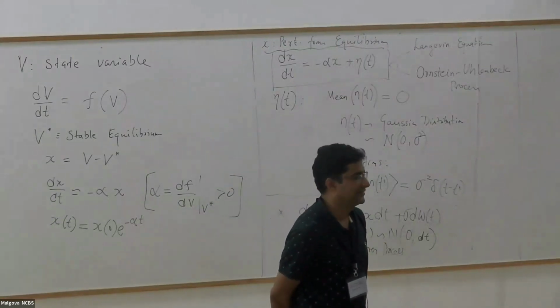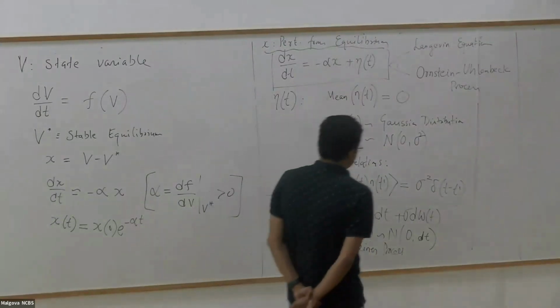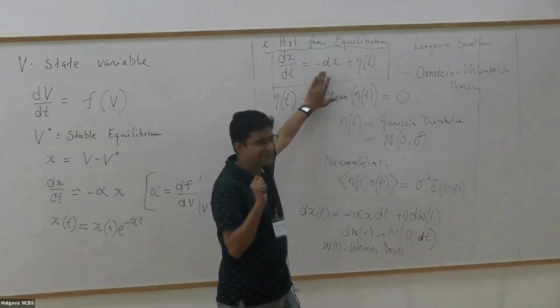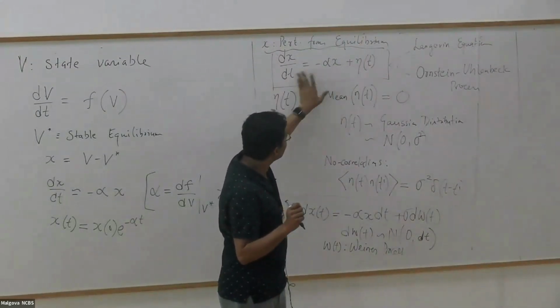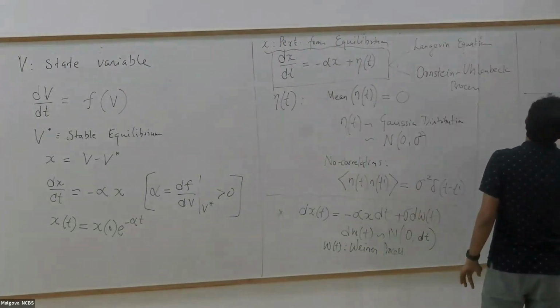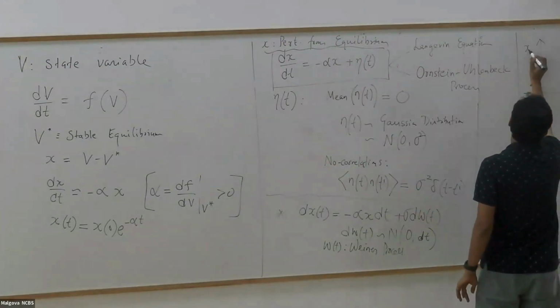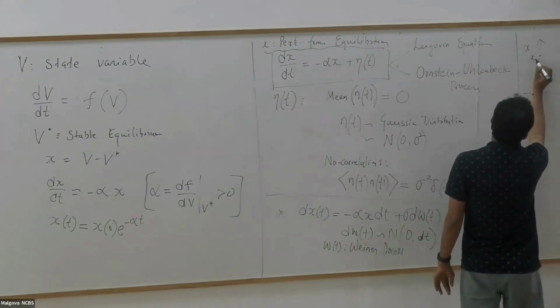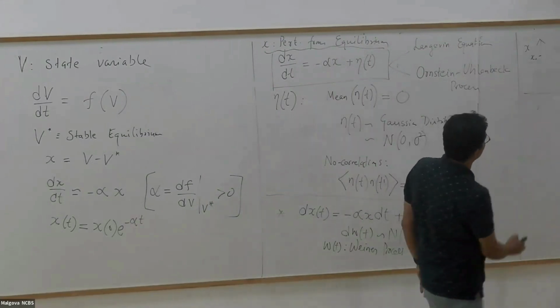Correct. Okay. So now let us pay a little bit of attention to alpha. What exactly is alpha? To understand this, let us go back to the deterministic version and plot. Let's say I start with some initial perturbation x0.